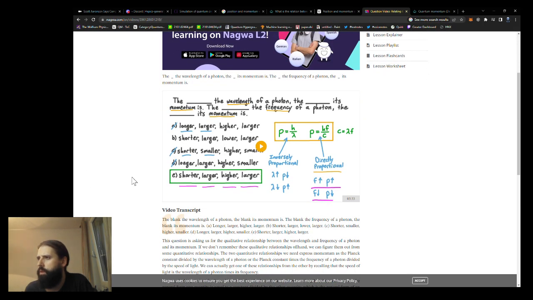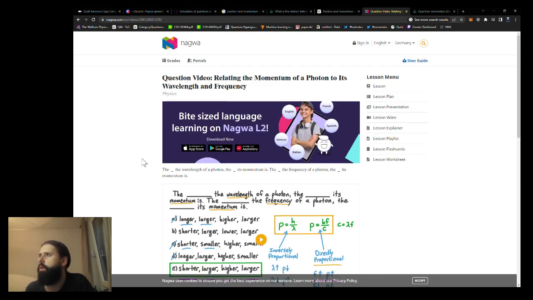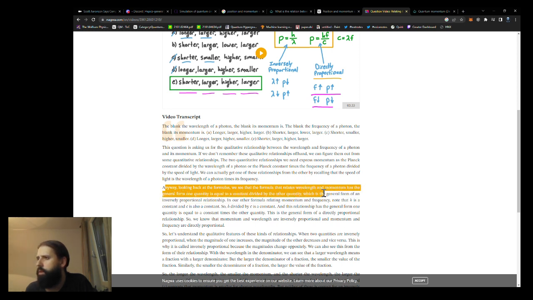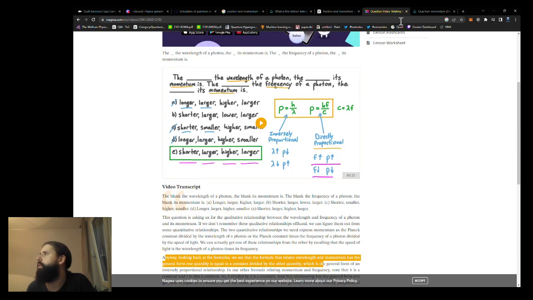No. The quality of relationship between the wavelength and the frequency of a photon and its momentum. We don't know this. That doesn't tell me.